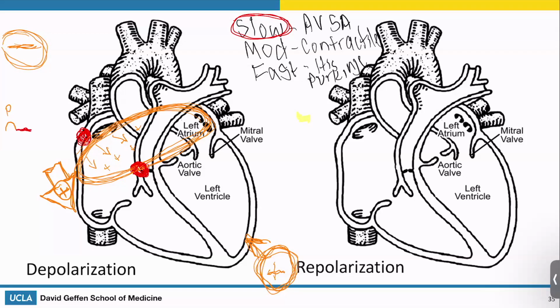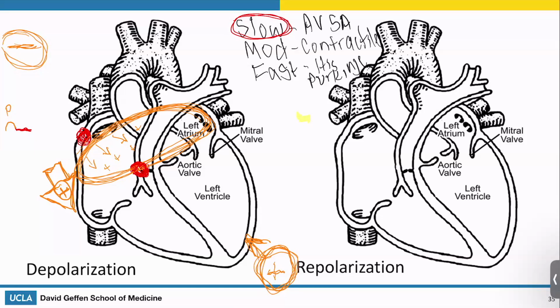This is going to be our PR segment, and if we include the P wave, it's going to be our PR interval. This represents AV node depolarization, or the pause at the AV node, so that we can get blood to fill in the ventricles and give it time to do that. So we want it to pause here.